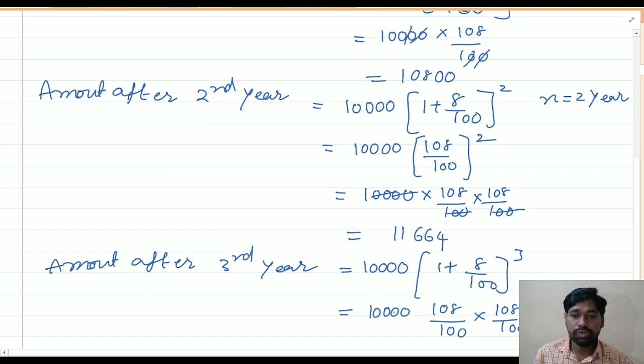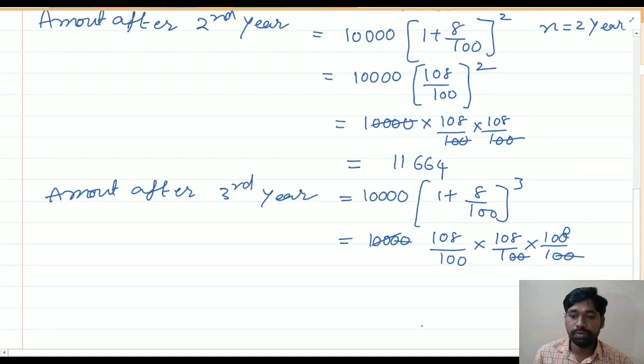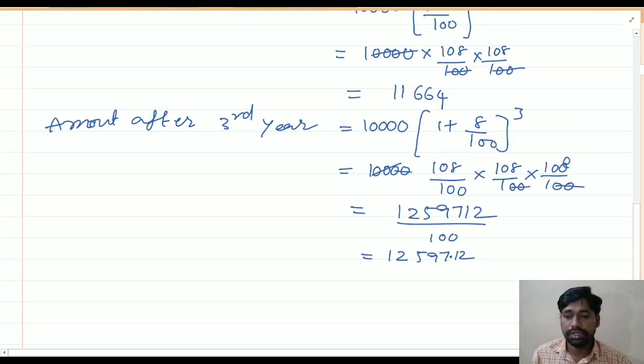So here 2 zeros, 2 zeros okay. But what is there? It is 108 cube by 100. So 108 cube is nothing but 1259,712. So by 100, 2 zeros are there. Count from the right side 2 numbers and place the decimal. That is 1259.712. Okay. So these are the numbers.